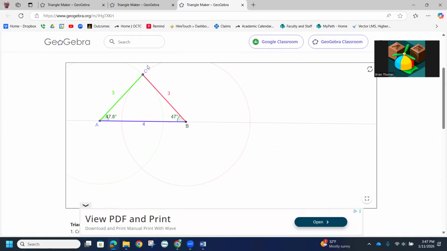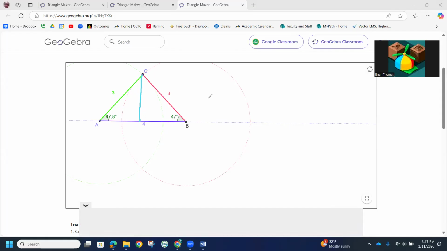So if I draw a line straight down, notice how this side and this side kind of mirror each other. So there is a line of symmetry there. If I drop that down, each side should kind of mirror itself.